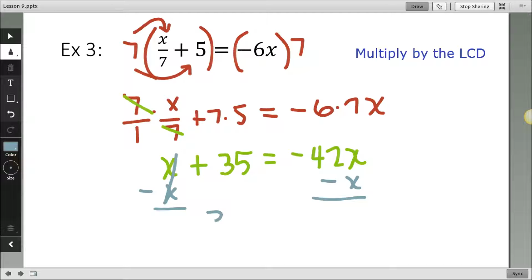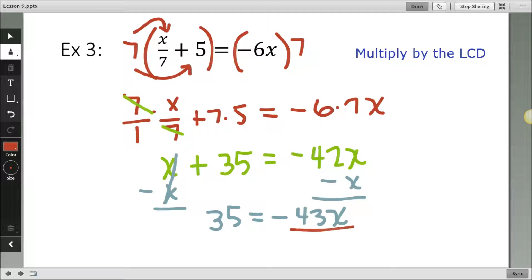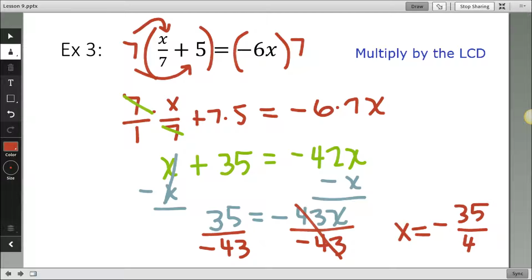And that's going to leave me with 35 equals negative 43x. And then I have one step left, which is to divide by negative 43. And that's going to leave me with a final answer of x equals negative 35 over 43.